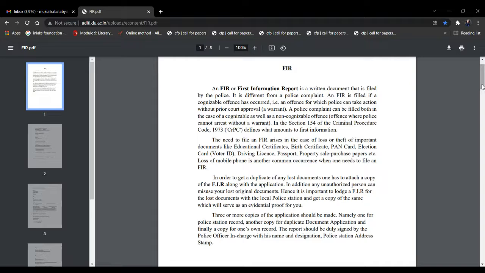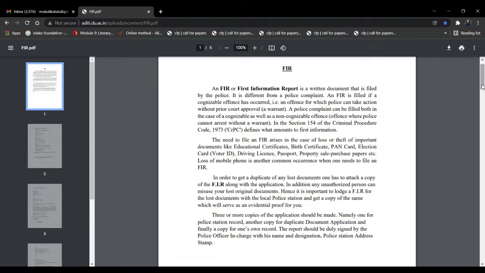Here you need a warrant, and police can't arrest a person until further investigation and until a court approves a warrant. So an FIR is not written in cases of those. It's written only when the police can take direct action.